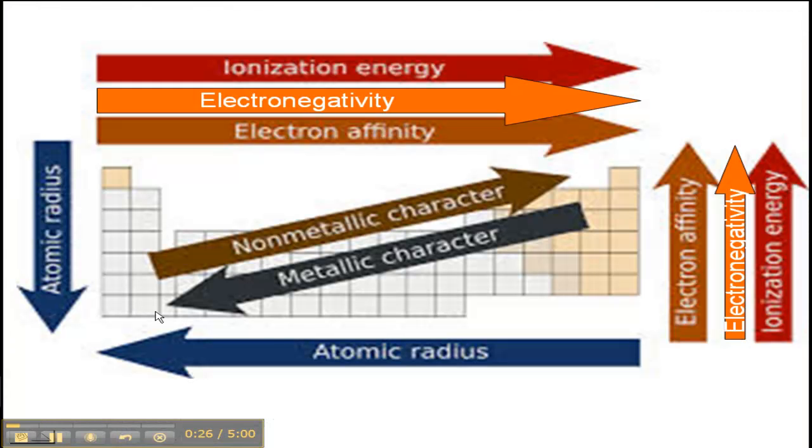If we look at our periodic table, here's metallic character. We'll talk about that in just a minute. Metallic character increases the closer we get to the bottom left. So electron affinity, notice, is increasing up in the top right. As nonmetallic character increases, so does electron affinity.